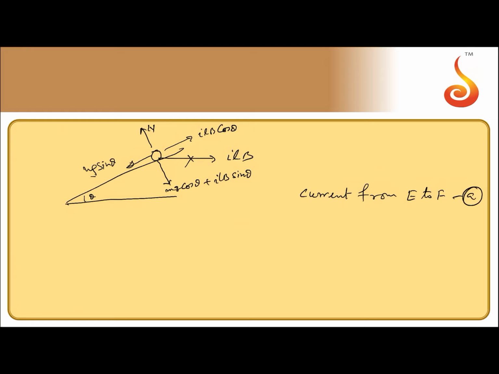For equilibrium, we can see that mg sin theta must be equal to ILB cos theta. That is, ILB should be equal to mg tan theta. This is option B. So A and B are correct answers.